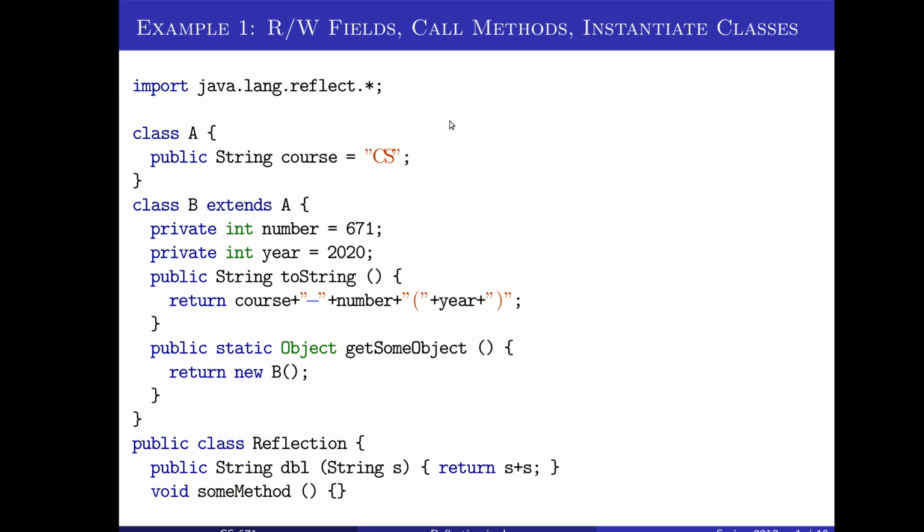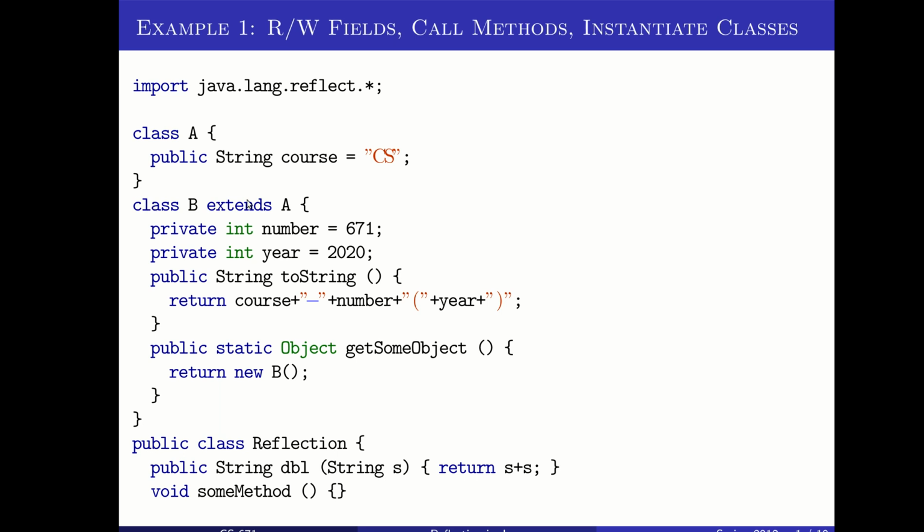So what you'll see in the example here is that we've got three classes that we've written. Class A, which just has a course string variable that's public and contains CS.